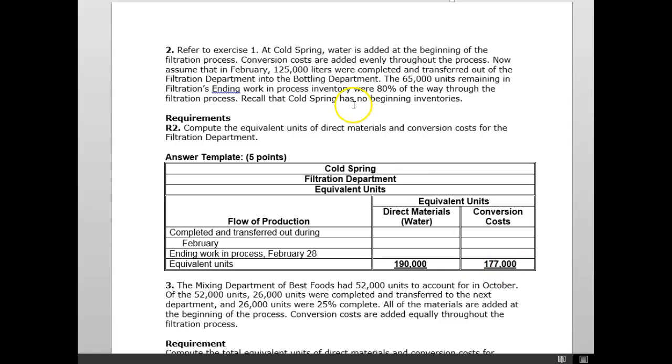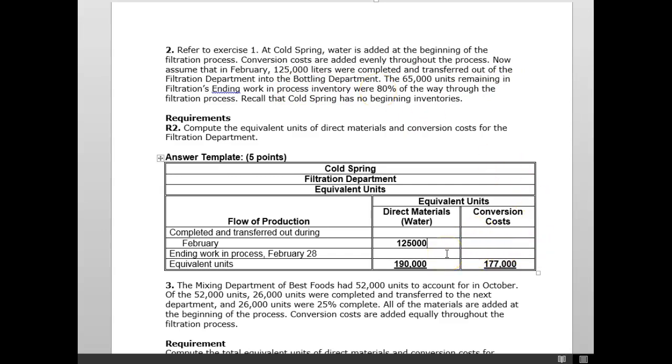Right now we're looking at information that says they had 125,000 completed in February, and there were 65,000 remaining, and they were 80% complete.